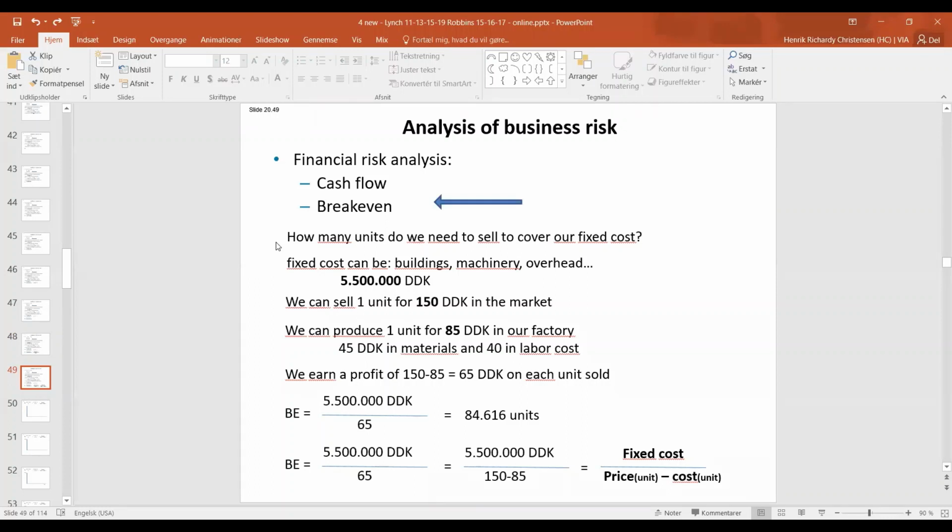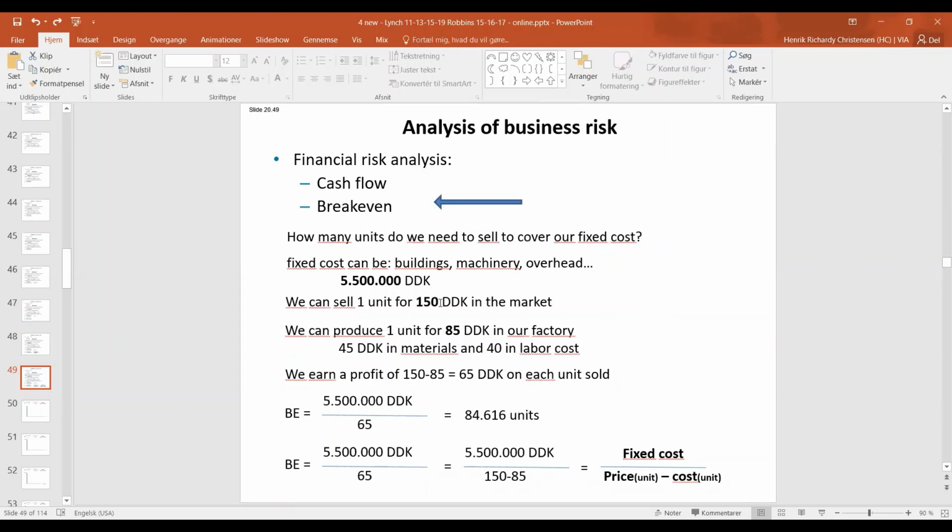Now, having this idea about how many units we have to sell in order to cover our fixed cost, let's try to look at fixed cost. Can we change the fixed cost? Well, could we get cheaper buildings so that the fixed cost might be 4.5 million?